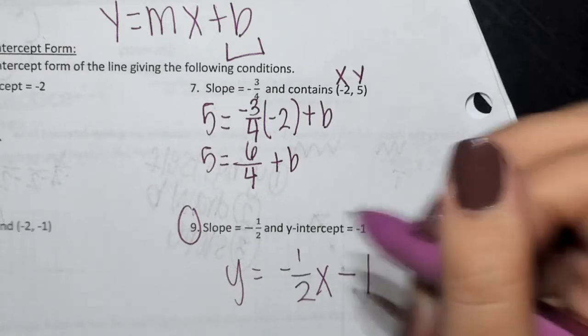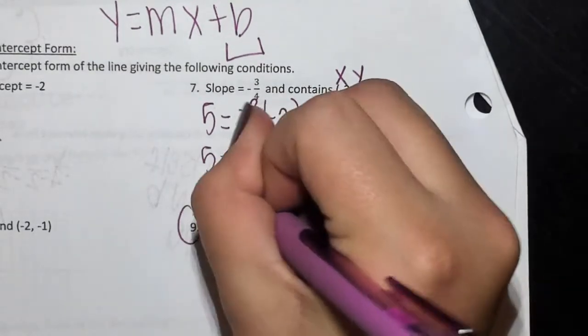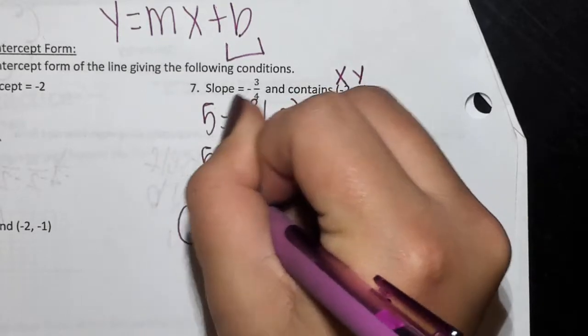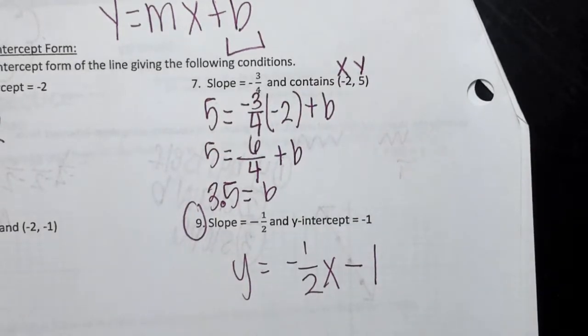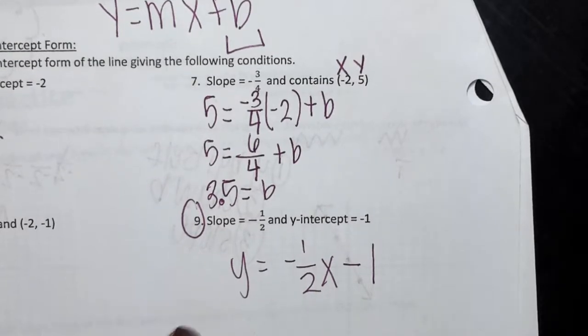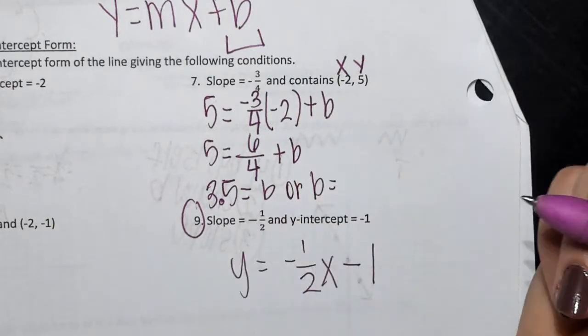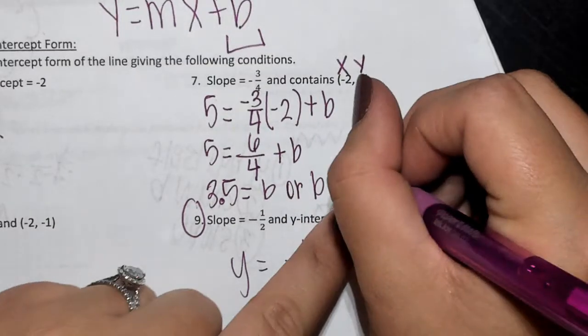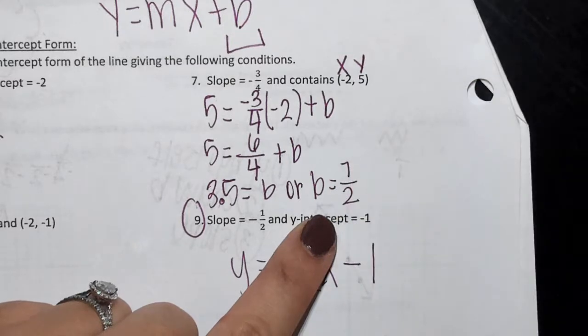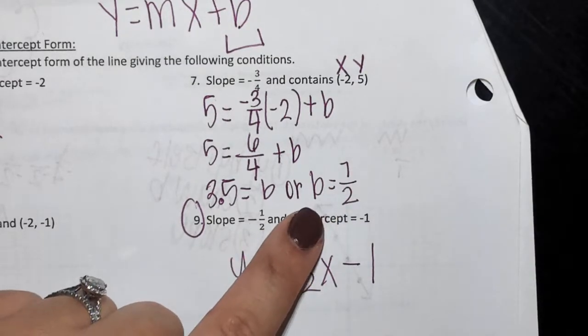So I'm okay with your b being a decimal, like 3.5. I'm not okay with it being like 3.33333 or anything like that. So you can either leave it as 3.5, or did anybody get b as a fraction? What was it? 7/2. Okay, so now we're not done. We're very close to being done.